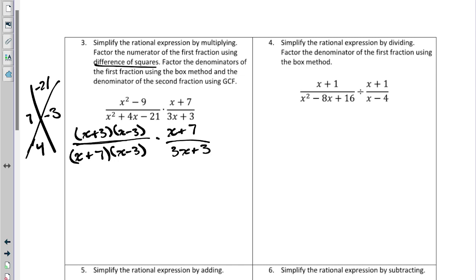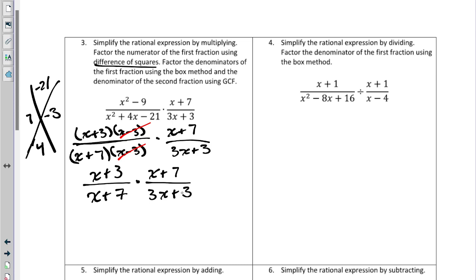And so after we've done this factoring, let's see if anything cancels. Right away, I see that this x minus 3 cancels with this one. So get rid of it. That becomes x plus 3 over x plus 7 times x plus 7 over 3x plus 3.